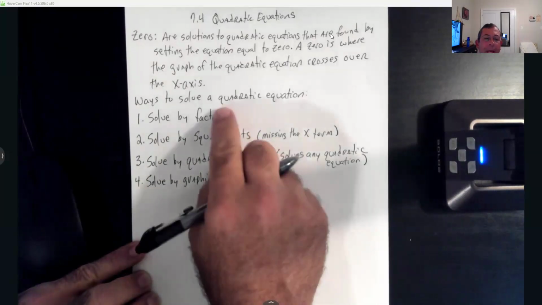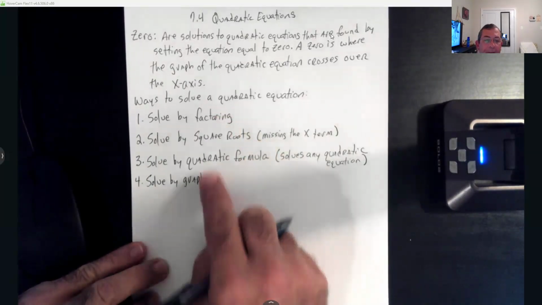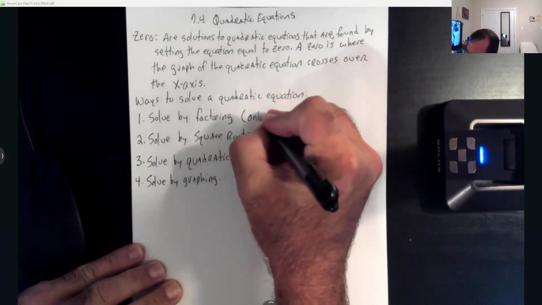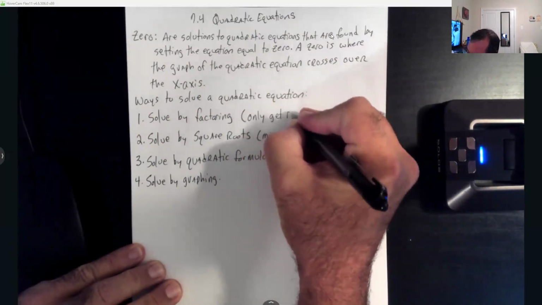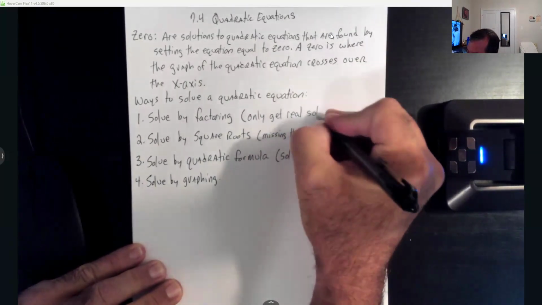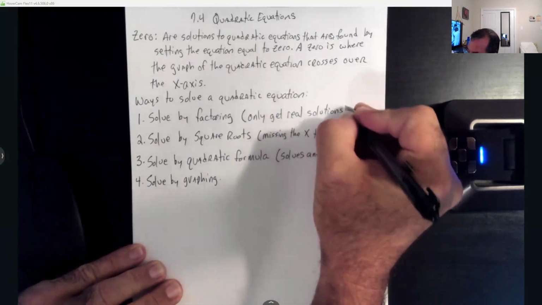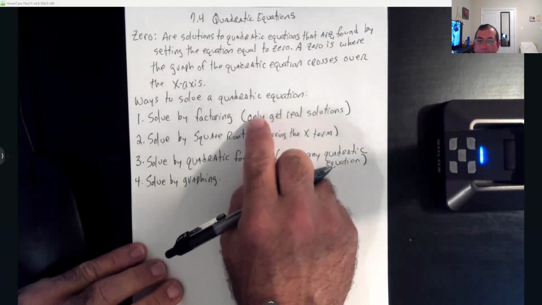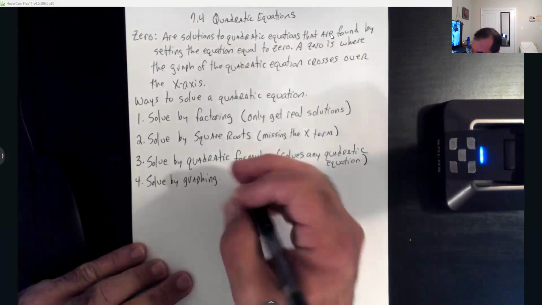But y'all, there's a stipulation on factoring and graphing. Factoring, you only get real solutions, which means you won't get the imaginary answers when you're factoring. And then graphing, the same thing.